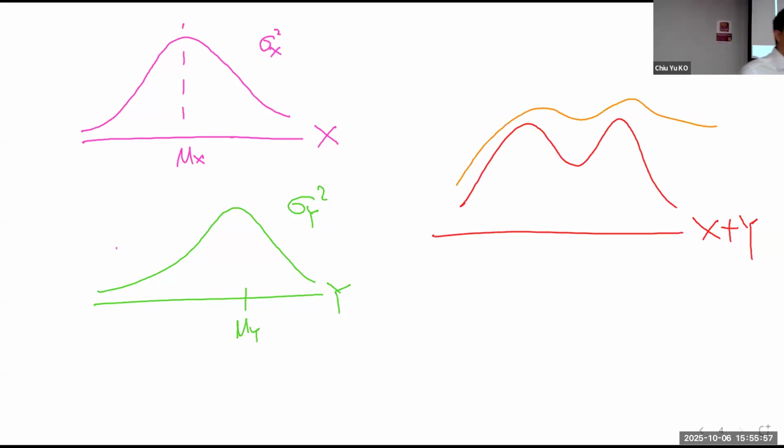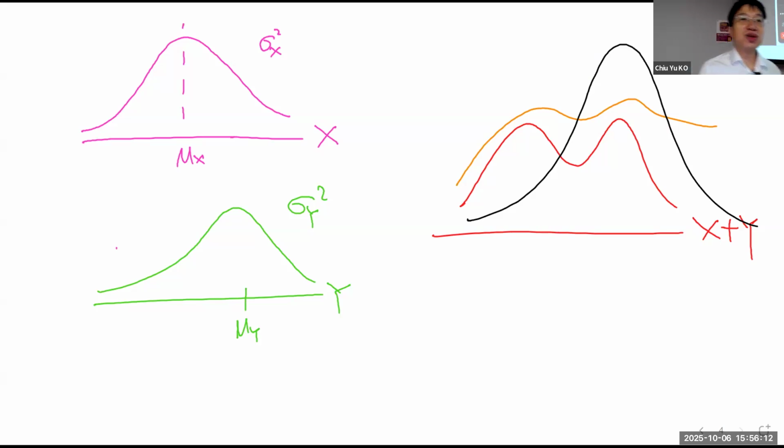It turns out, surprisingly, no. Interestingly, when you add the two bells together, it's still a bell. It amazes me. Why does adding two bells give a bell? Yes, it's always a bell.